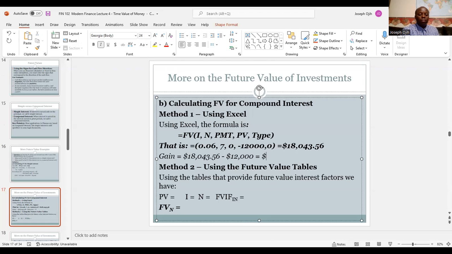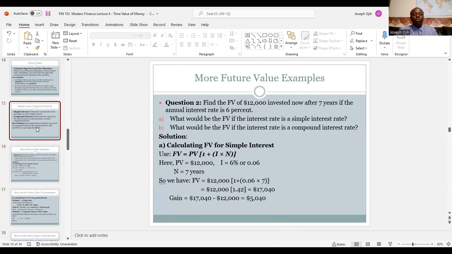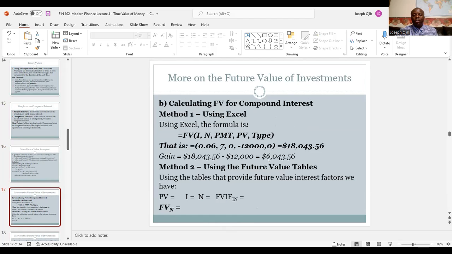$6,043.56. So that's the gain. Now you can compare this gain with what you have when you're using simple interest. For simple interest, it was $5,040. For compound interest it is $6,043.56.